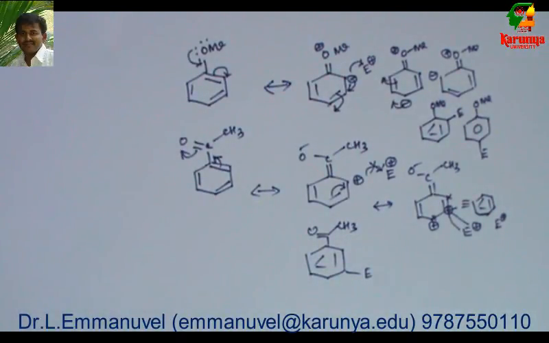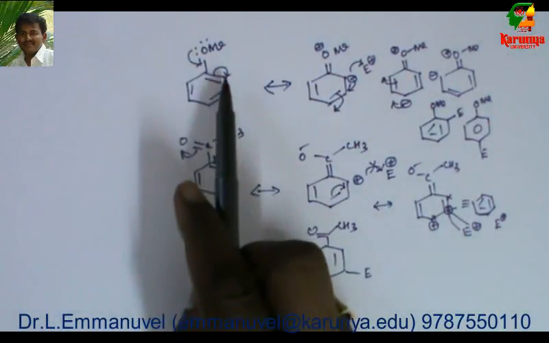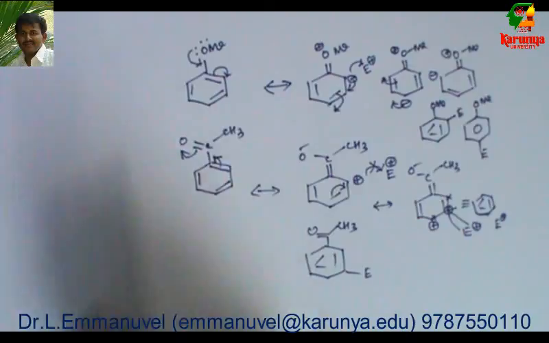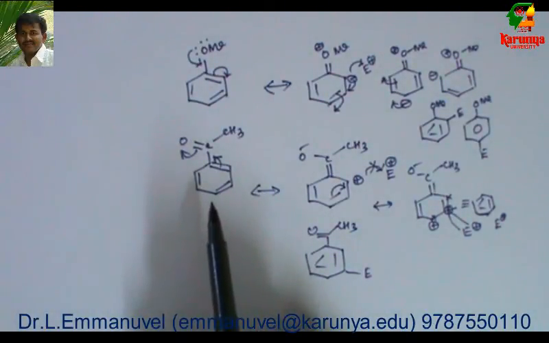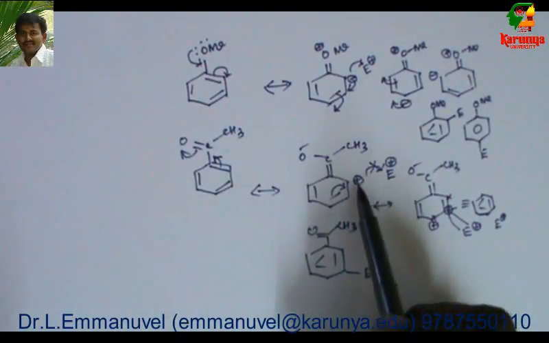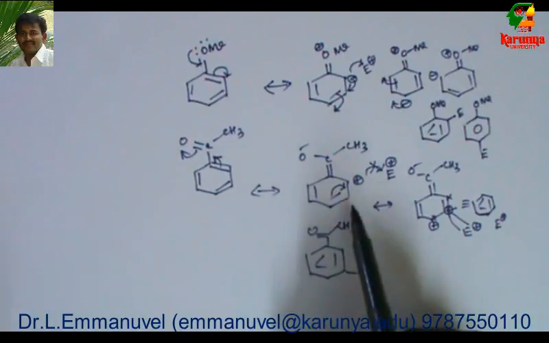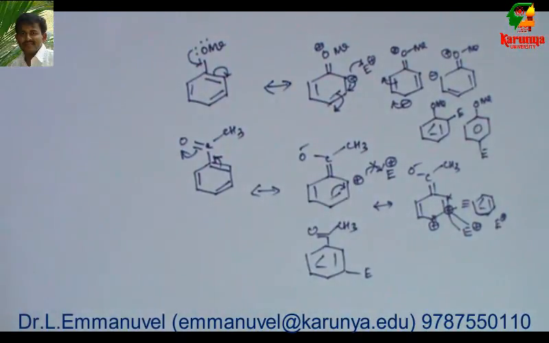Listen carefully. In the earlier case, the methoxy group increased the electron density on the ortho carbon and para carbon. But in the second one, the electron withdrawing group decreases the electron density on the ortho carbon and para carbon, and the meta carbon is unaffected. That carbon attacks.